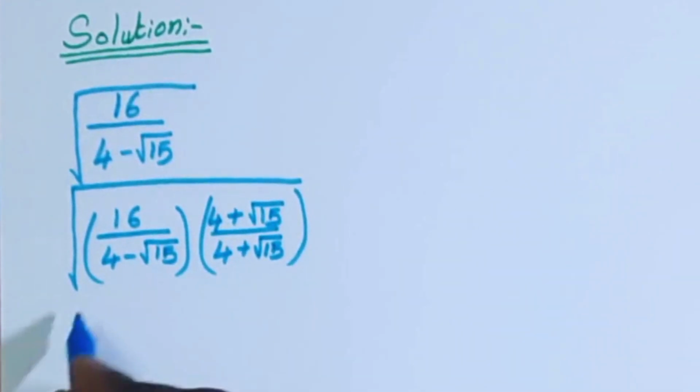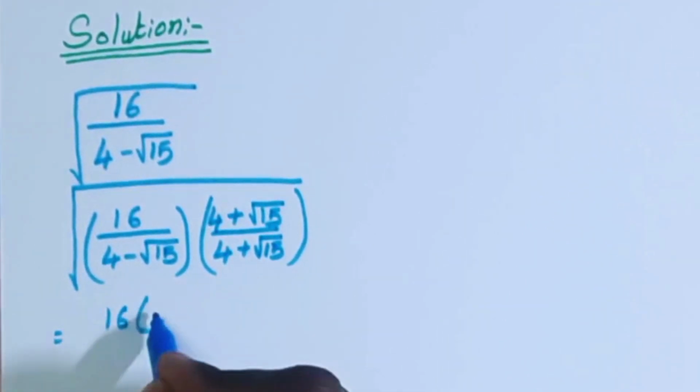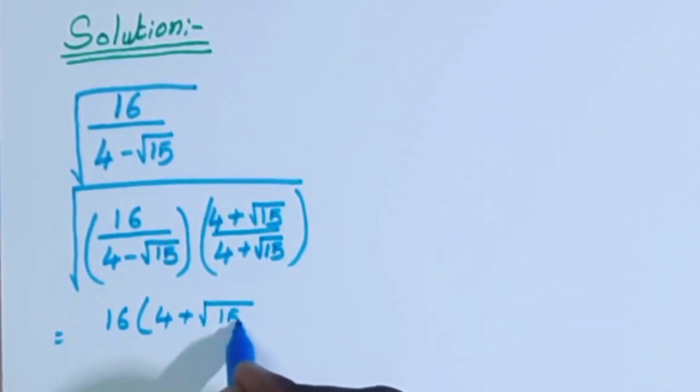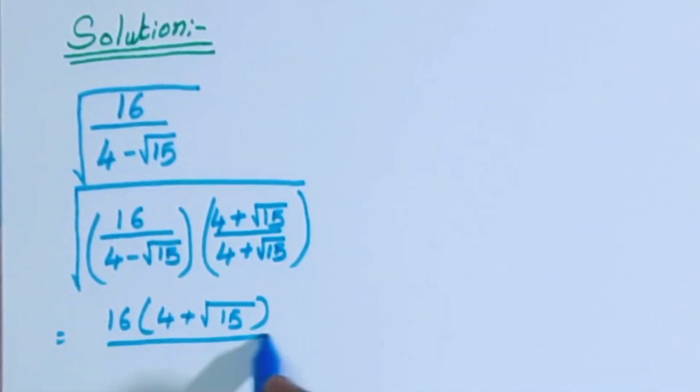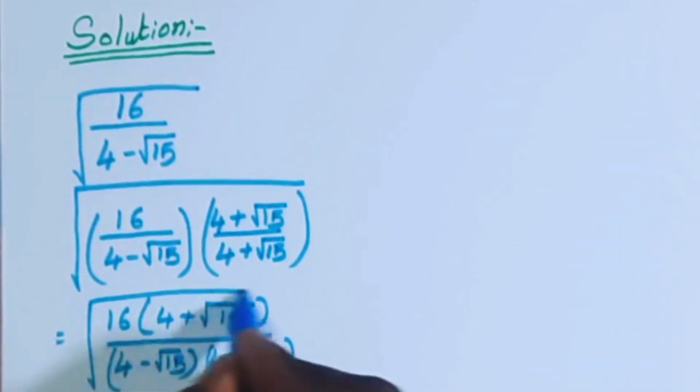Now, 16 times 4 plus square root of 15 by 4 minus square root of 15 times 4 plus square root of 15, in square root.